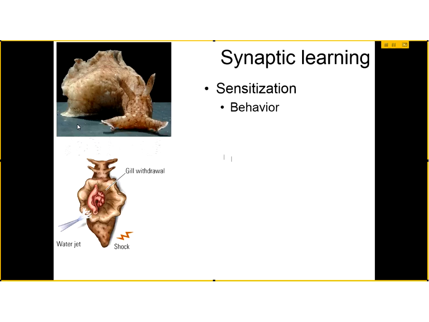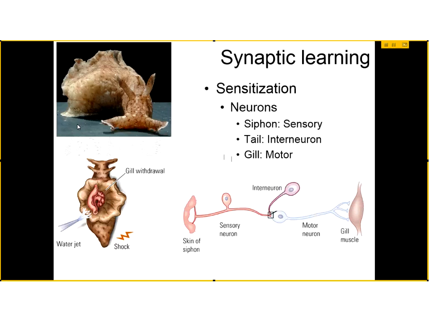The question is, are there neural changes at the synapse associated with this behavioral change? And again, this is what Kandel operated on: the simplicity of the central nervous system, the clear evidence of this learning from experience, and trying to study whether there are changes occurring with this experience in the central nervous system.